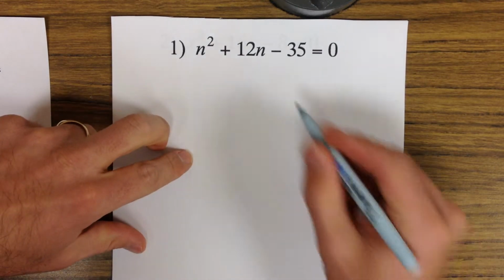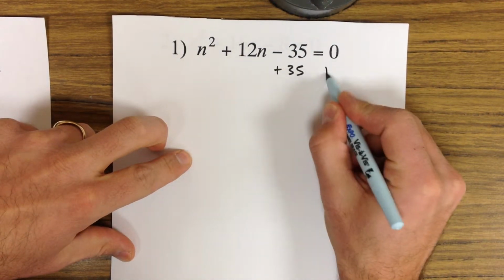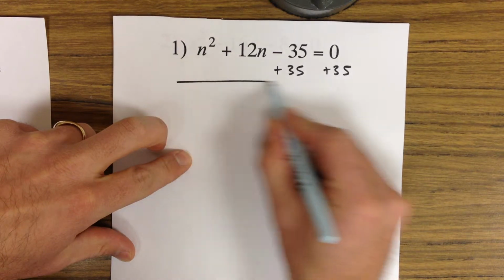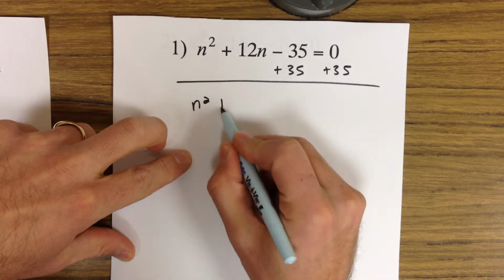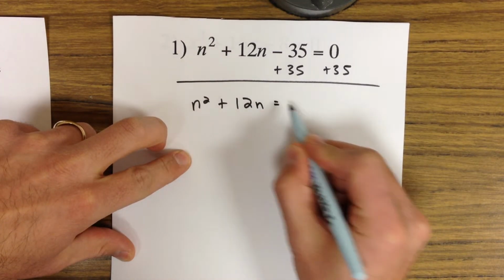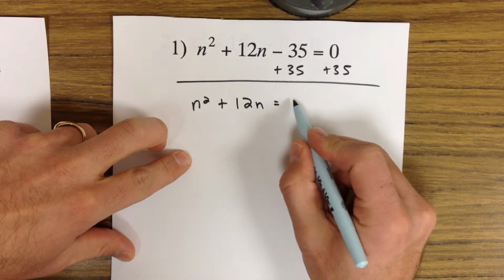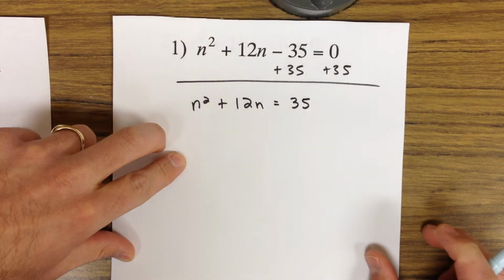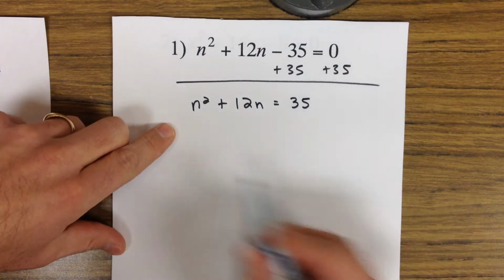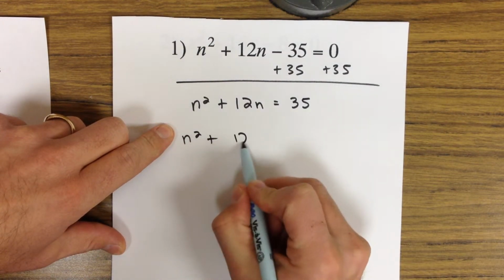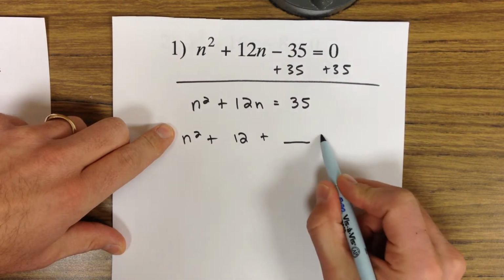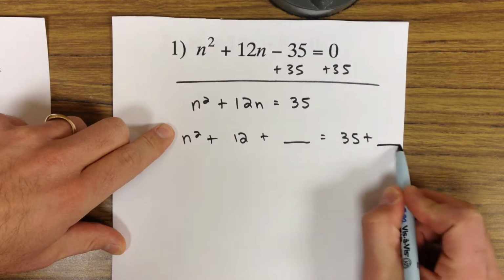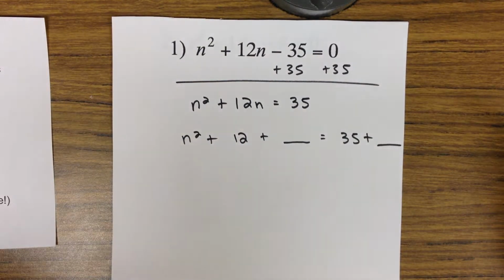So first thing is we want to add 35 to both sides and get the n squared plus 12n by itself. Now, we want to take half of b and square it.